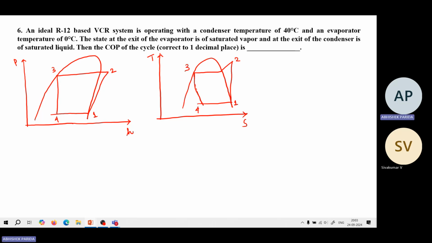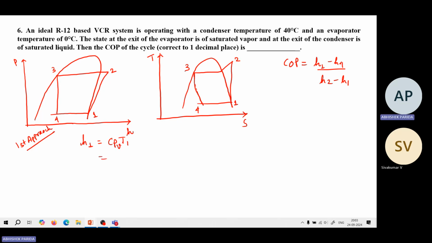Okay. First of all, in this case, a very simple formula, you know, that is COP is H1 minus H4 divided by H2 minus H1. Now you have to find out the enthalpy at all these points. So H1, if you have the Cp value, for example, the first approach that I am telling is if you have the Cp values, H1 can be found out as Cp into T1.